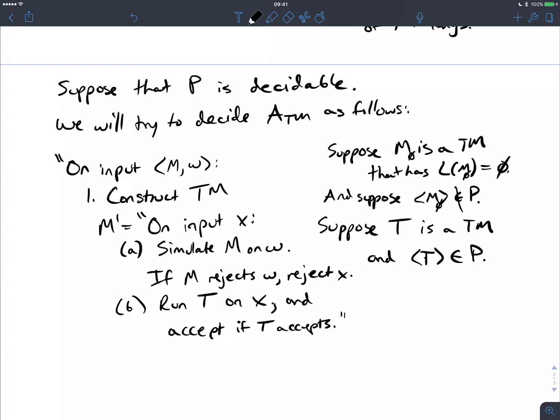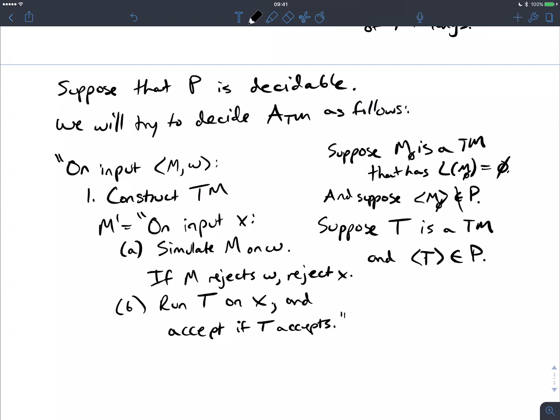I need to feed this supposed decider some machine, and we wanted it to be like the reductions we've seen before, which is it behaves like one machine in one case where M accepts W, and like another machine in another case. And we wanted it so that one machine has the property and the other doesn't.